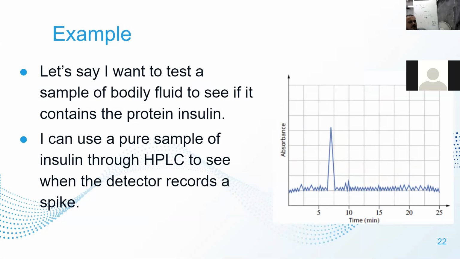But, let's say testing someone for diabetes, so we want to see if their pee has insulin in it, or their blood has insulin in it. We run our chromatograph with pure insulin to see what it looks like. Oh, hang on, my speaker.